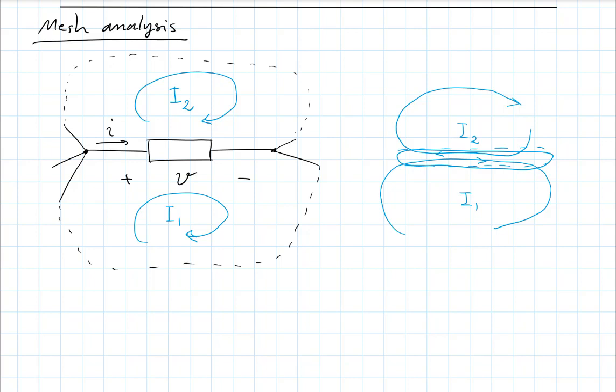So if I have chosen my mesh current to be in this direction, it does not mean that to write my KVL, I also have to go in this direction. I can go in the opposite direction, because all it means is that the order of the terms has changed in my equation. So more opportunity to be confused, unfortunately, with directions. But that's life. Please, if you feel that you're getting confused with directions, try to catch it sooner than later and come talk to me about it.